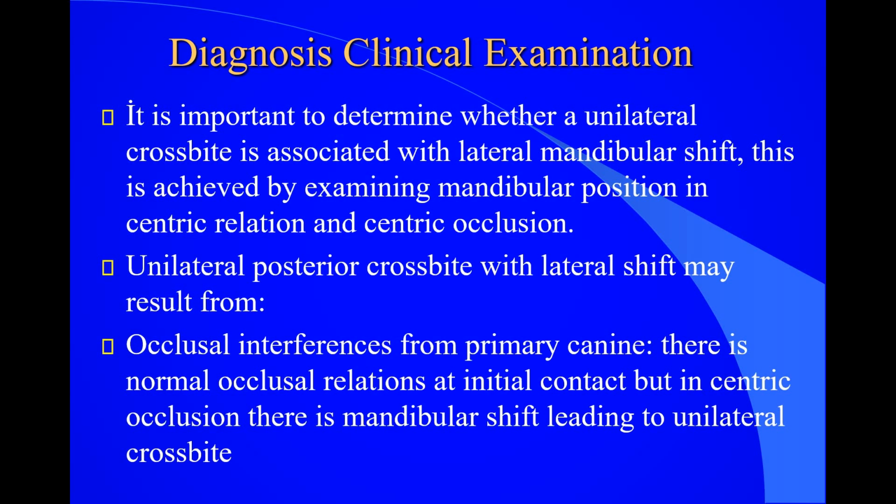Because one of the challenges in treatment planning and treatment of transverse problem is the proper alignment of maxillary and mandibular dental midlines. Not only should they be coincident with each other, but they must also exhibit a definite relationship with the face.